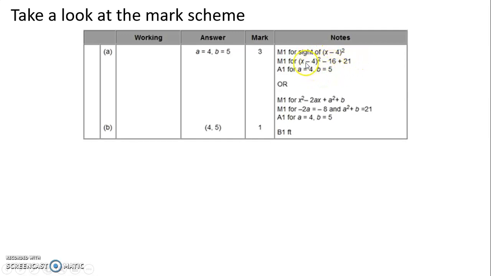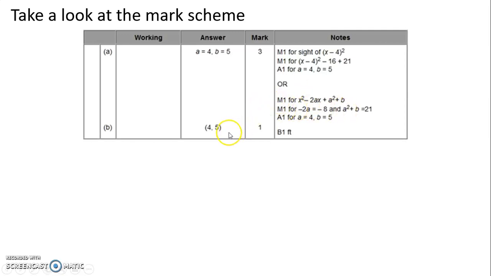And then for taking your completed square form and reading off your a and b, because it had written it as x subtract a, you need to realise that your value for a then is going to be positive because the subtract has already been taken into account. So the third mark for saying a equals 4, b equals 5.